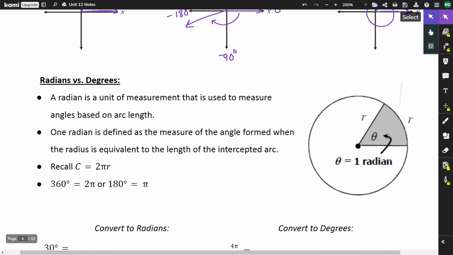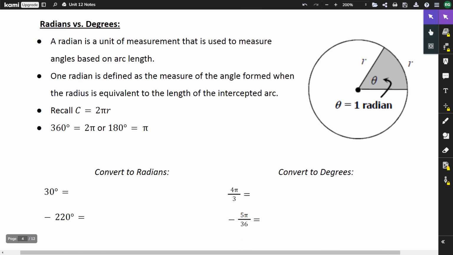Now, the next thing that we like to talk about here is radians. You've probably never used radians before. Radians is just another way to measure angles. I'm not going to go into too much of the detail here about what a radian actually is. Just think about it as the difference between measuring something in inches versus centimeters. It's just a different unit of measurement for angles.